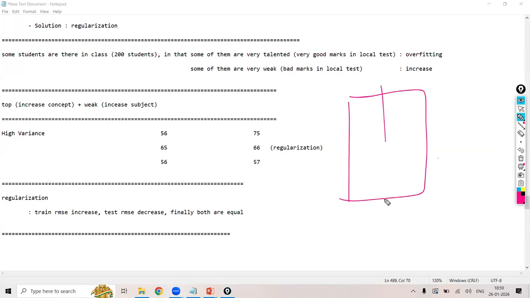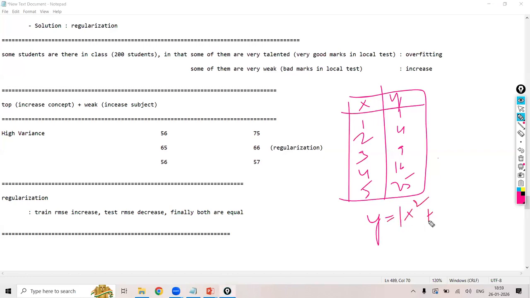For example, let us assume the data is like this: 1, 2, 3, 4, 5 and 1, 4, 9, 16, 25. Now for this data, if I apply non-linear regression, I will get RMSE equal to 0. The least error I will get with non-linear regression of degree 2.